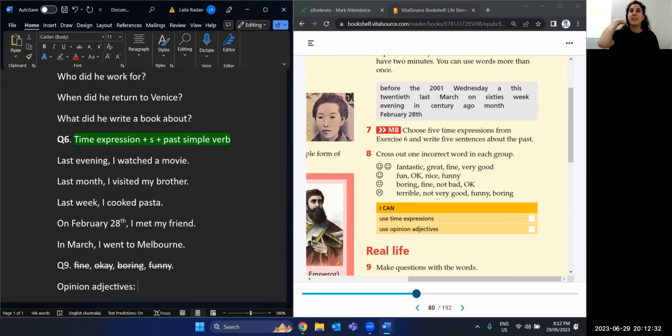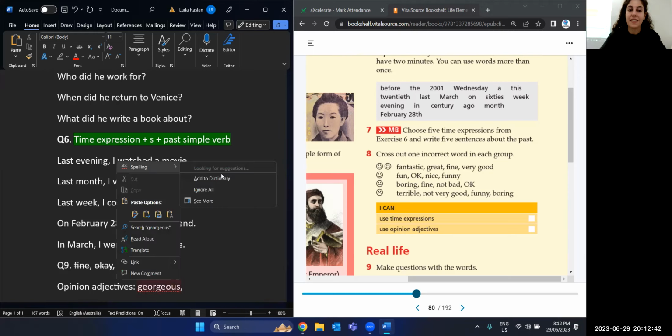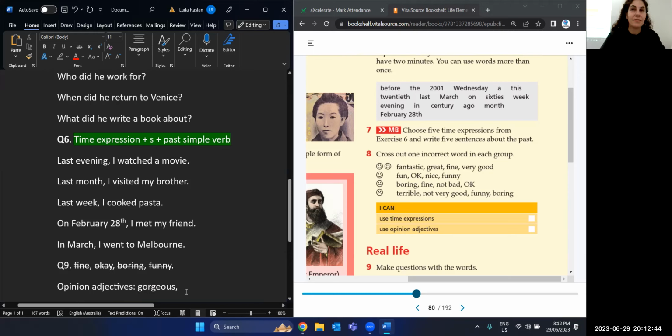Can you think of any other opinion adjectives? What are some other ones? Gorgeous. Yeah. Gorgeous. So remember, it's like, how do you feel? Beautiful. You know, how is the weather today? The weather is beautiful. Nice.